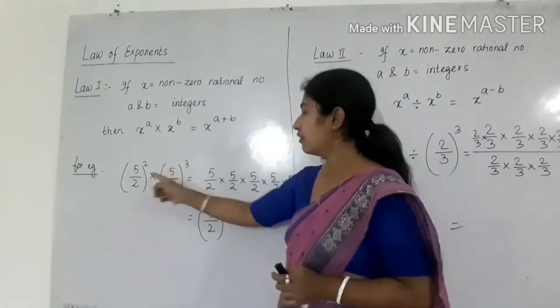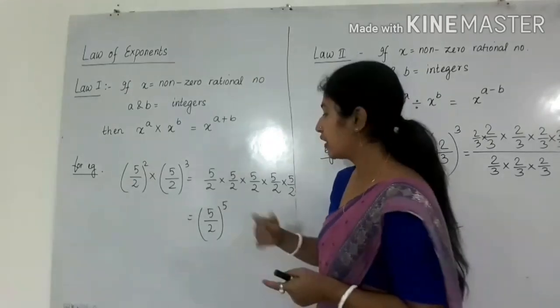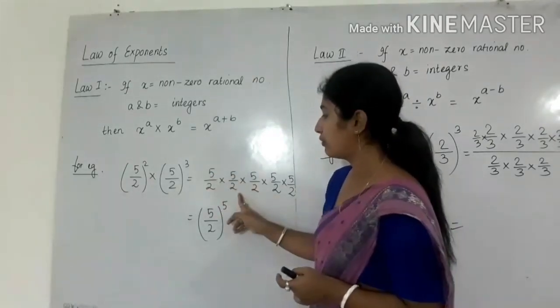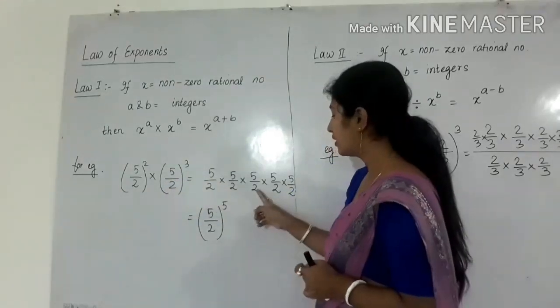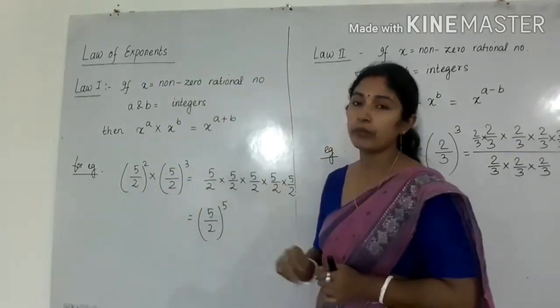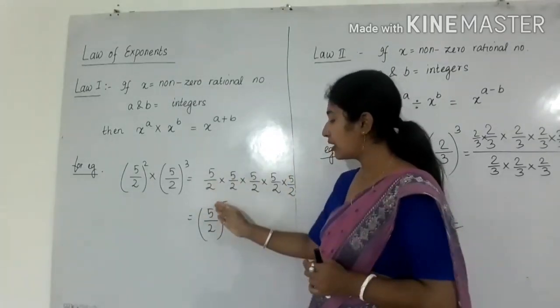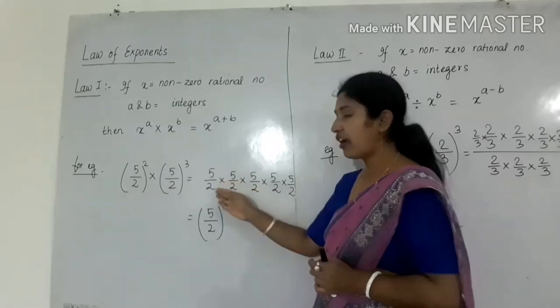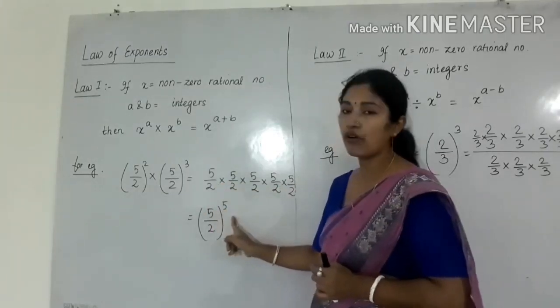See, 5 by 2 whole to the power 2, when we expand this, we get 5 by 2 into 5 by 2. Similarly, when we expand 5 by 2 to the power 3, we get 3 five-by-twos. In total, how many 5 by 2s are there? 5 times we have written it, so we can write 5 by 2 whole to the power 5.